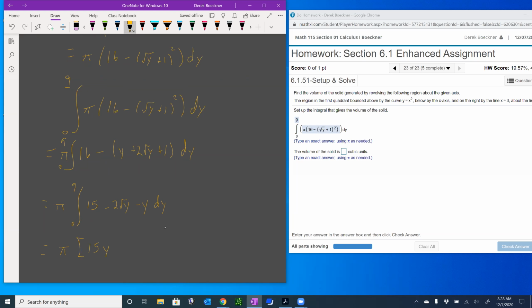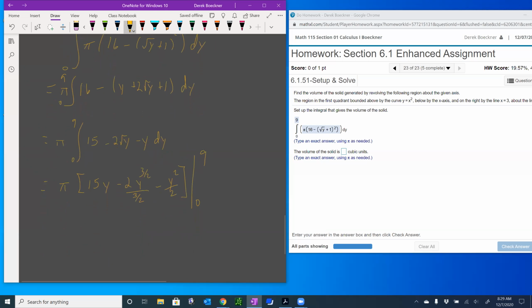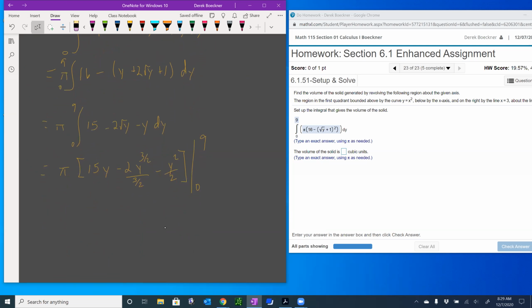15y, that turns into minus 2y to the 3 halves over 3 halves, minus y squared over 2, at 0 and 9. Sorry, yeah, y squared over 2. Okay. So pi, plug 0 in, you get 0.